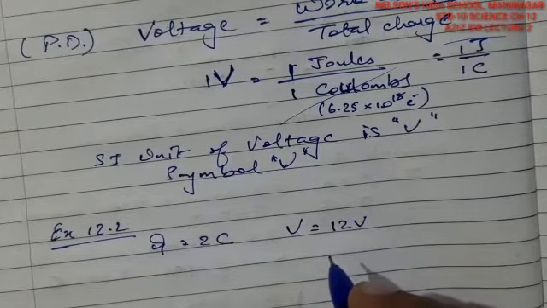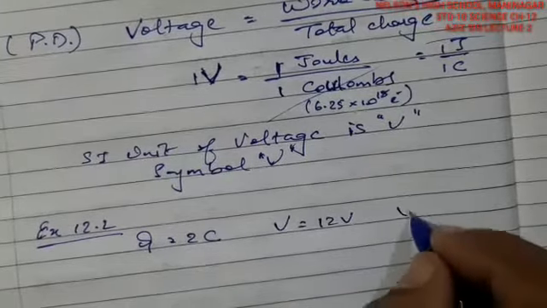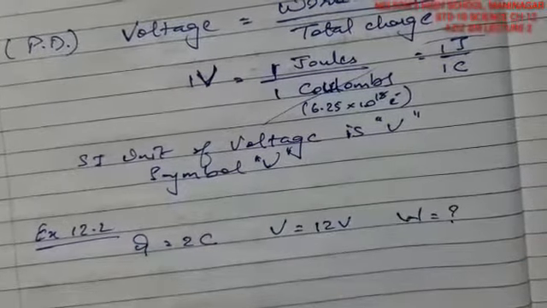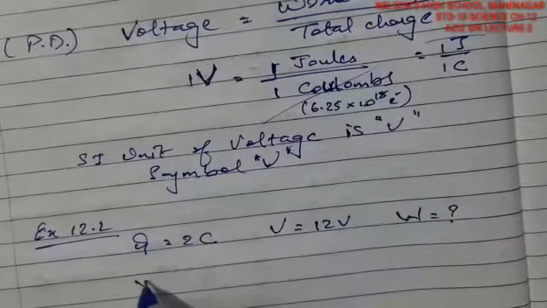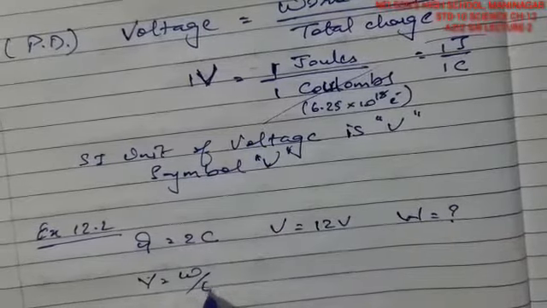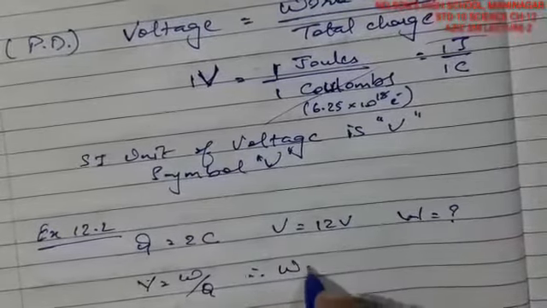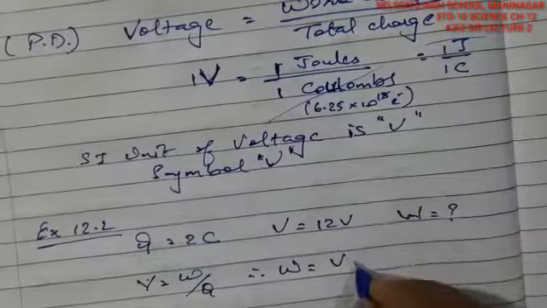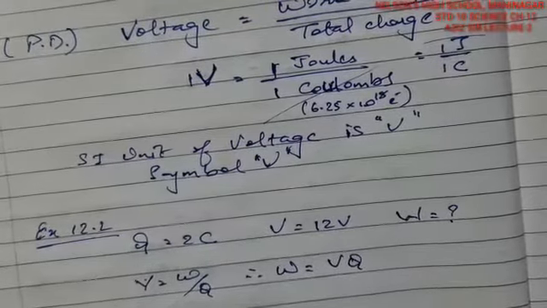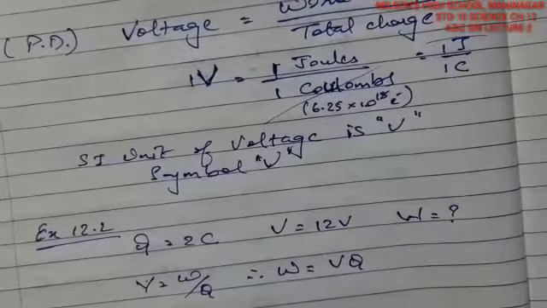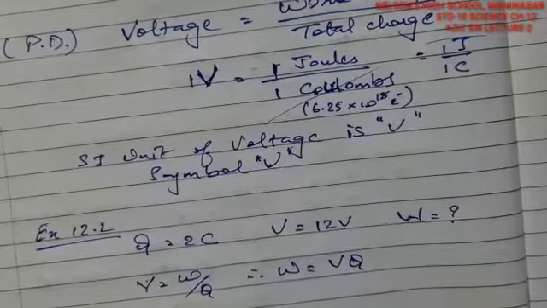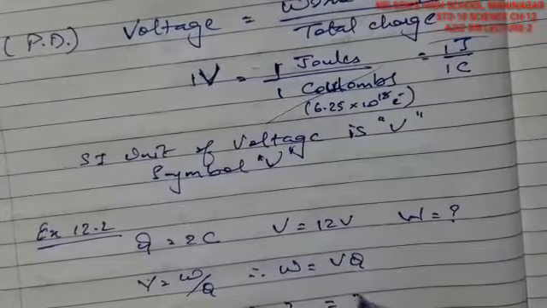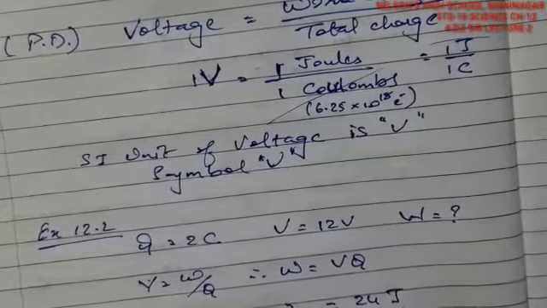So we know the formula, that is how much amount of work done, that means the work done is supposed to be found out. We know the formula as V is equal to W by Q. So therefore W, that is work done, is equal to V into Q. So therefore work done is equal to V as 12 volt and coulombs as 2, turns out to be 24, and the unit is joules.